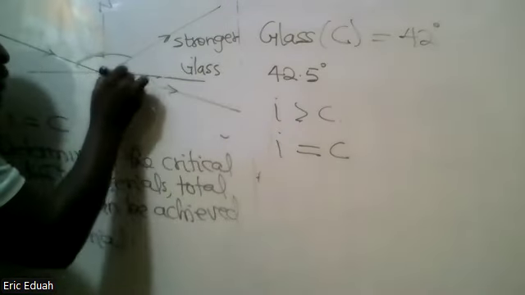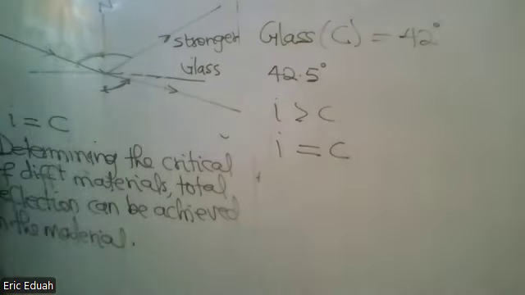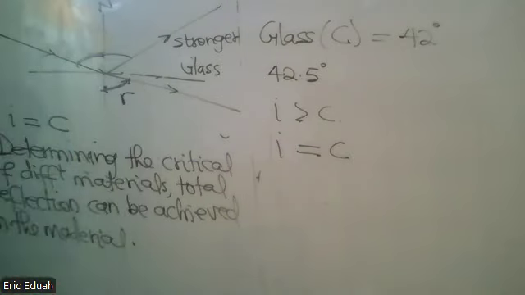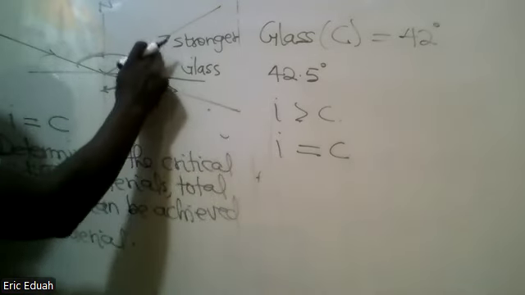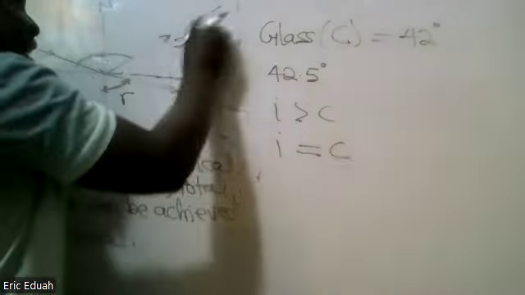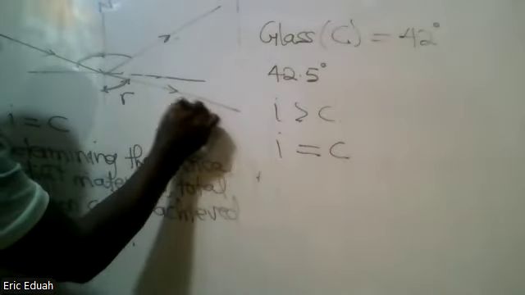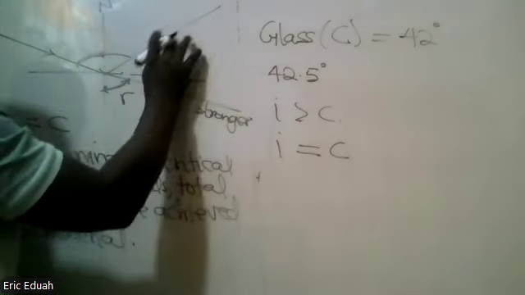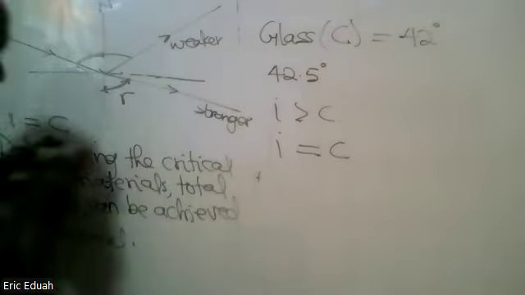So this angle becomes the angle of refraction, R. This is the refracted ray. This is the reflected ray. The refracted ray is stronger in brightness, whereas the reflected ray is weaker in brightness or intensity.